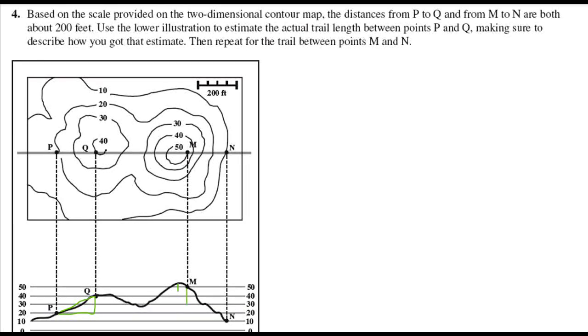What they're hoping that people will do is say, from P to Q, I go 200 feet horizontally, and I go 20 feet vertically.